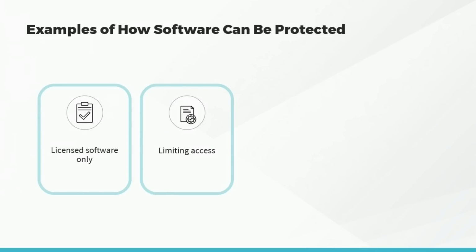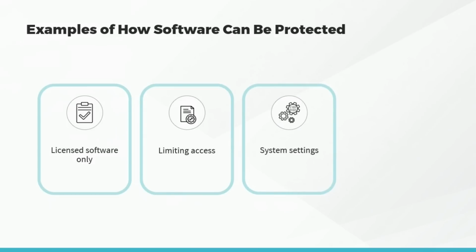For example, if you have children using your home computer, they can use standard user accounts, which do not allow software installations. Most devices also have options in their settings that can specify acceptable locations from which software can be installed. For example, you can specify that only the App Store of the associated platform be used for obtaining software.